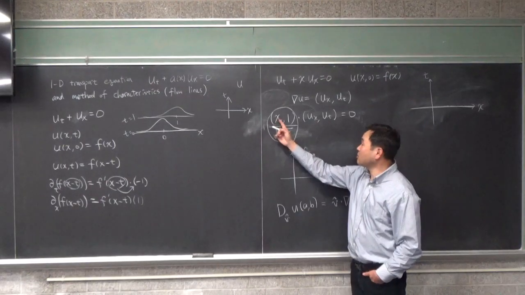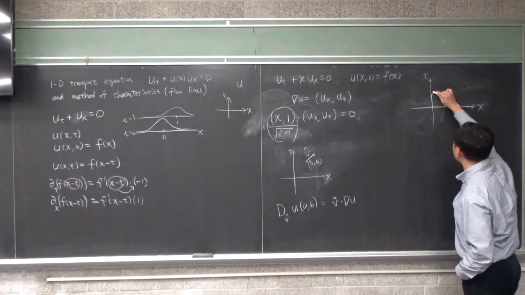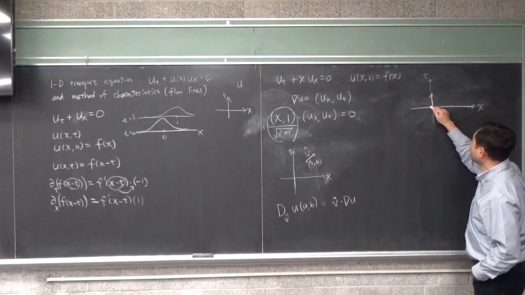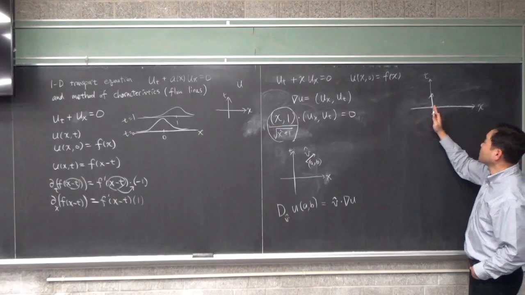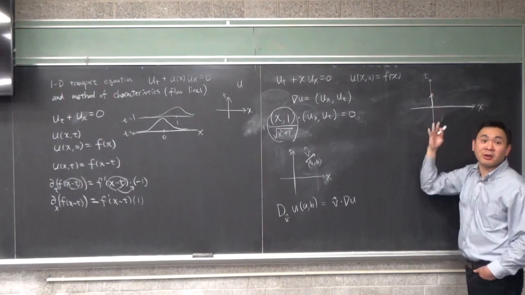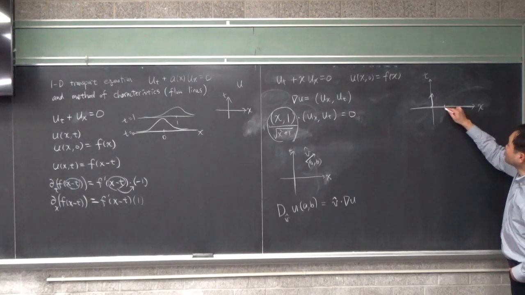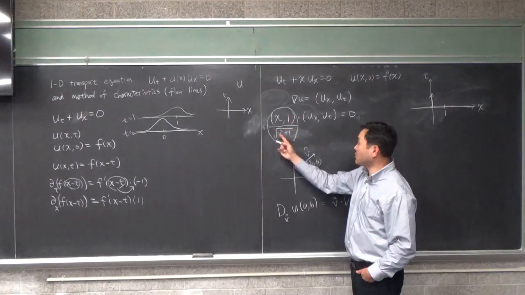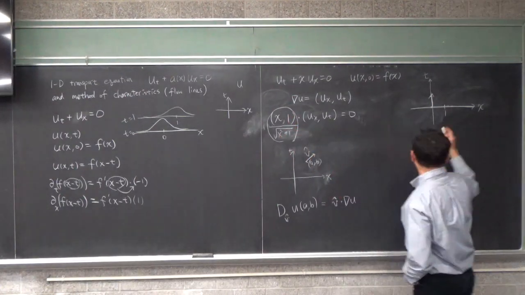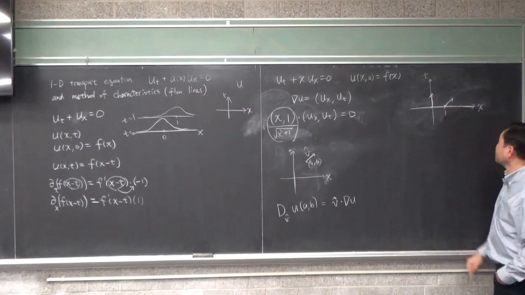When x is 0, you have (0, 1), which is a vector just pointing upwards, right? So when x is 0, it's the direction going straight up, where the value of u doesn't change. What about when x is 1? Well, when x is 1 it's (1, 1), and you divide by the square root of 2, so it's some unit vector going that way, right?